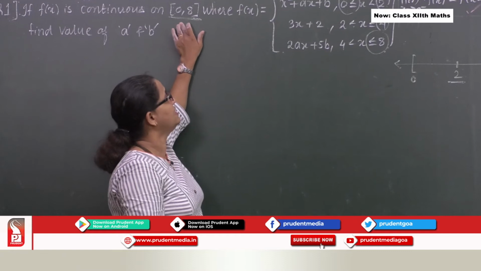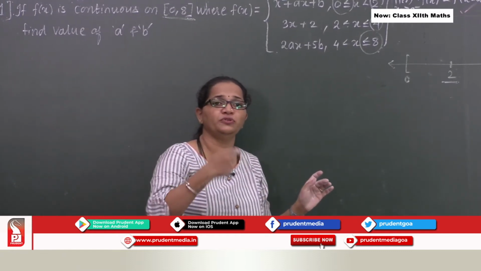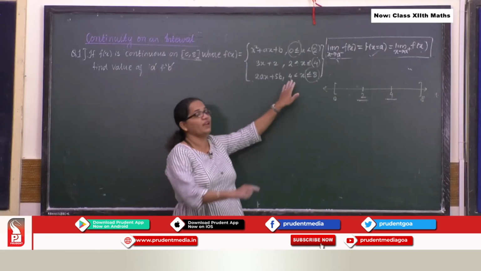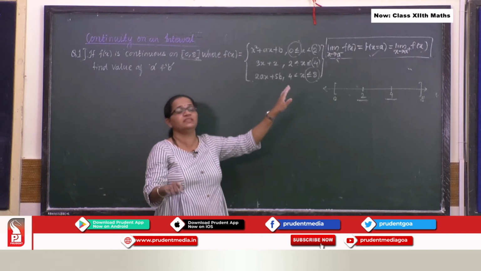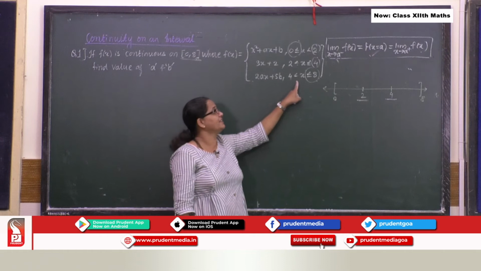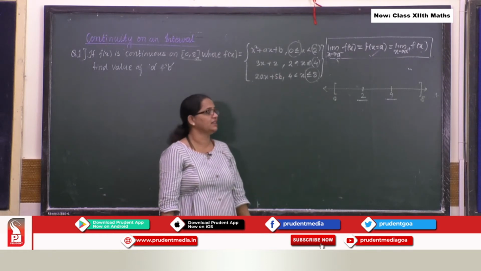When a closed interval is given, if you want to discuss continuity, and no particular point is given, look at the break points of the interval and try to analyze at what points you have to discuss continuity.